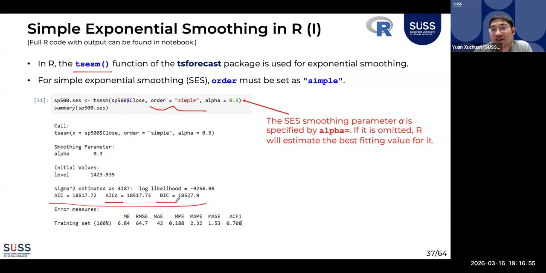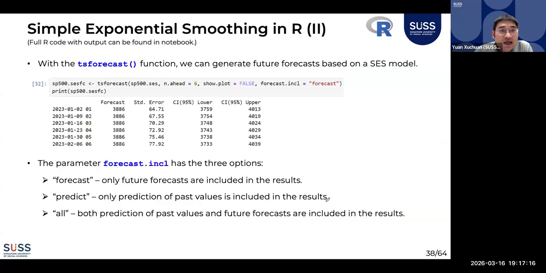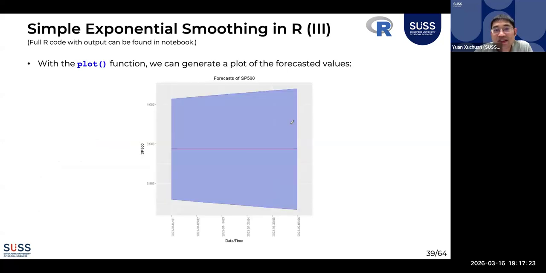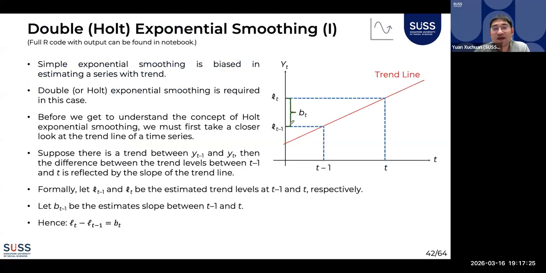All these information criteria help select which alpha is the best parameter in your simple exponential smoothing model. If you do not specify alpha, R will estimate the best fitting value for you, okay? You can use the TS forecast function to do the forecasting, and plot the forecasted value, or use the plot function.